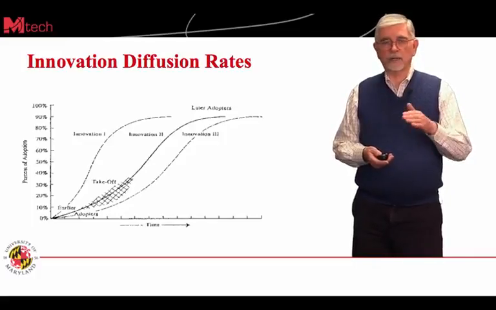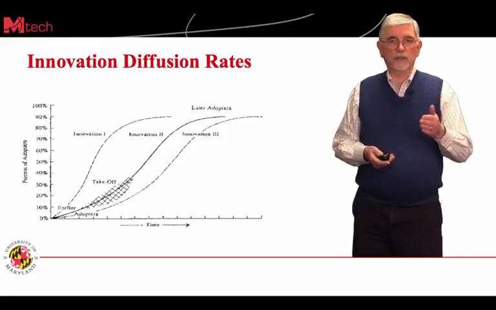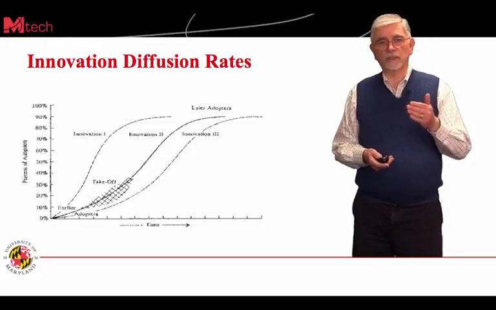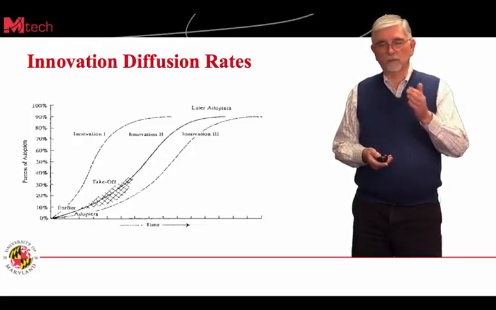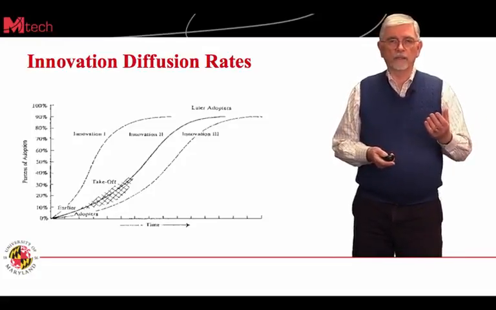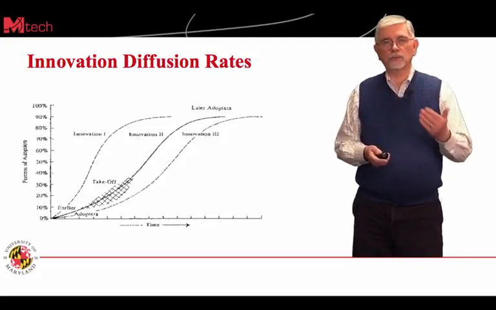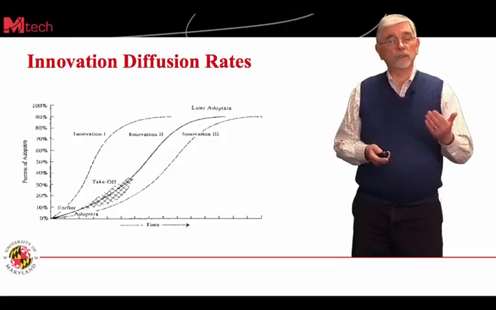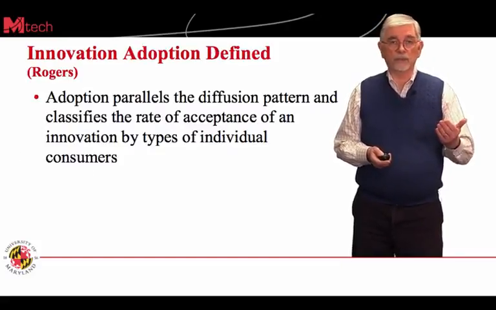It's a very high rate of adoption, and then it flattens out. Another innovation is adopted at a little slower rate, and then the third one is adopted at an even slower rate. And so what we want to look at in the notion of innovation, diffusion, and adoption is the rate at which an innovation is adopted in the marketplace and used in the marketplace and accepted in the marketplace.